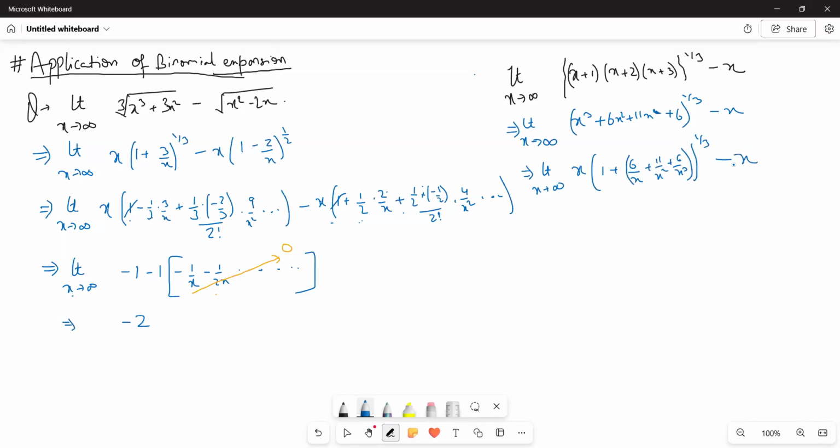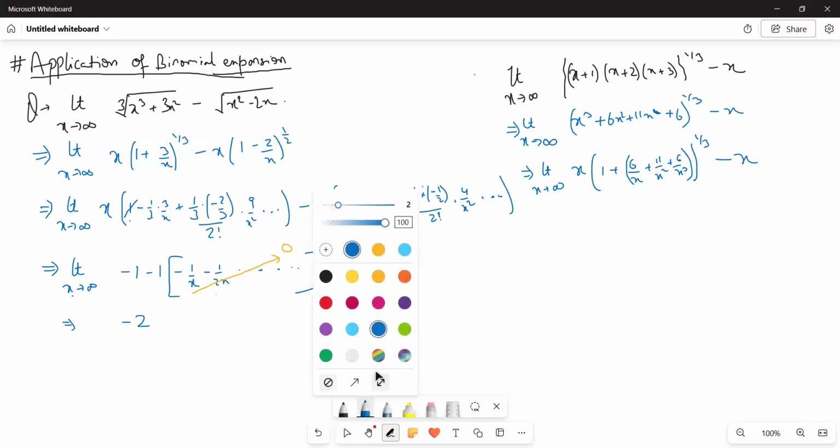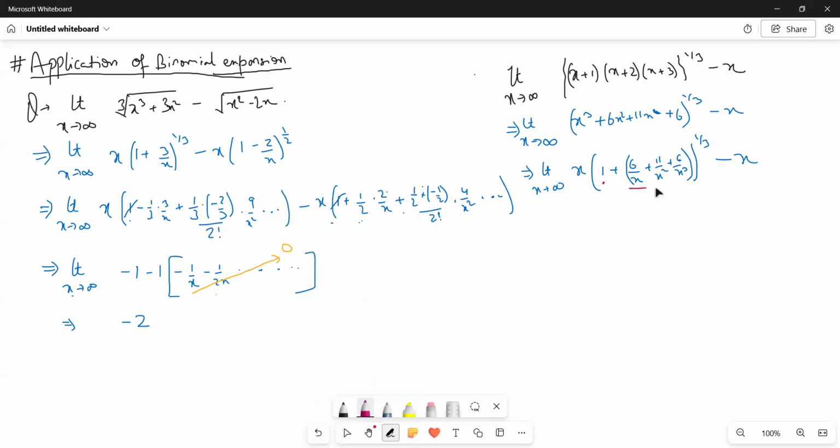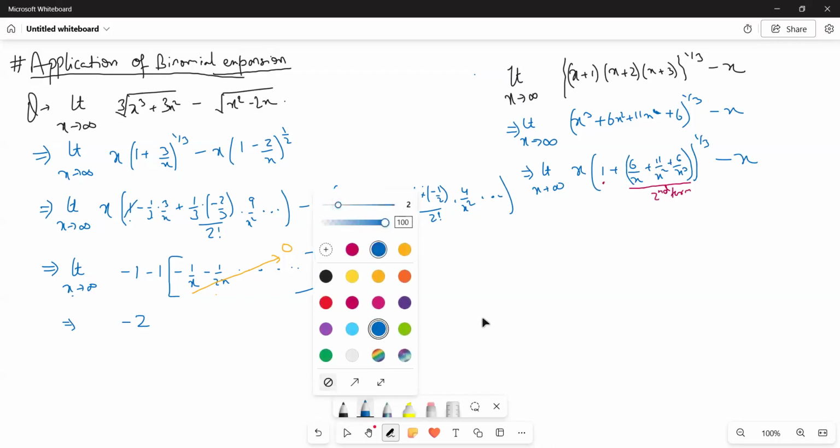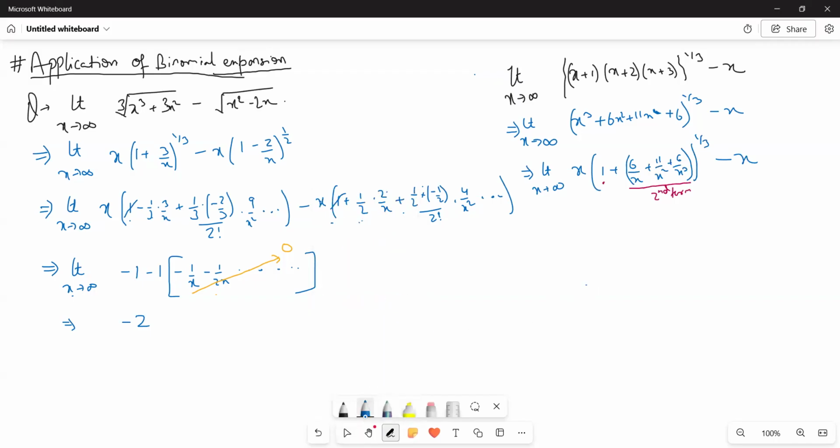Since we want to use the binomial, we can keep only two terms. So we regard 1 as one of the terms and this whole thing as the second term of the binomial. Because binomial can only be applied across a binomial.